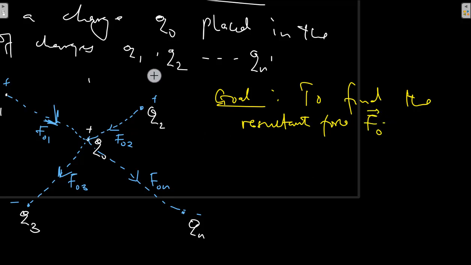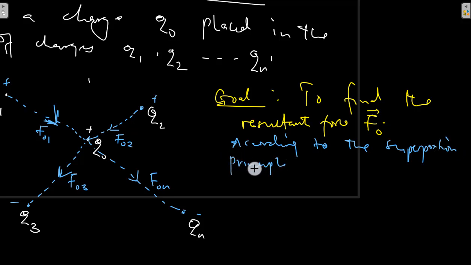According to the superposition principle, the resultant force acting on the charge Q0 is equal to the sum of all the forces acting on Q0 in vector form.